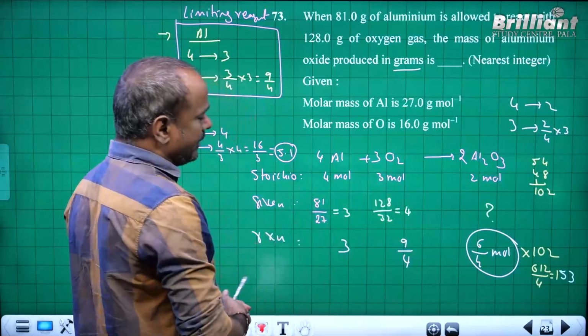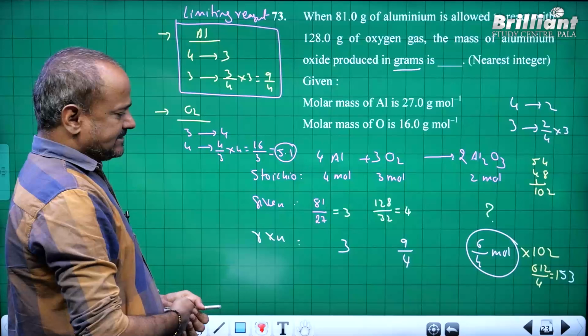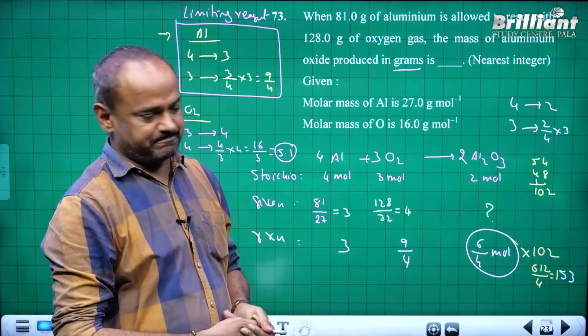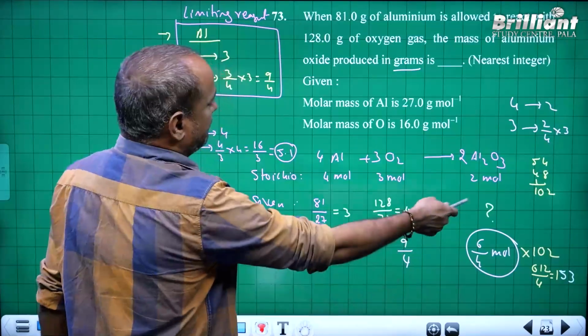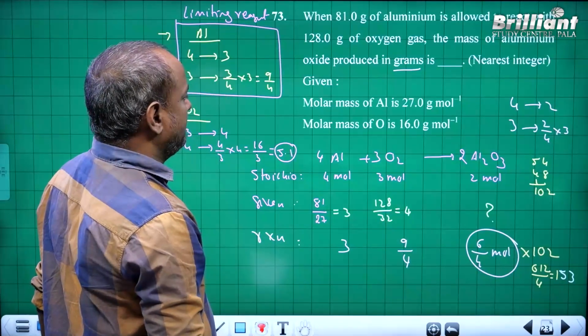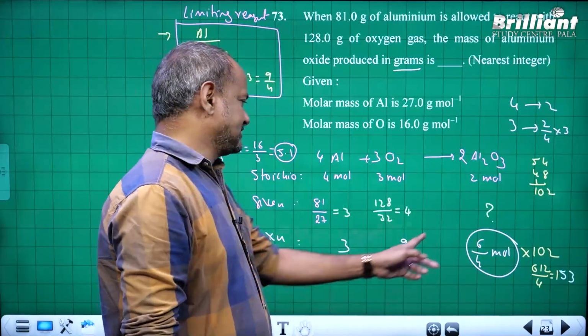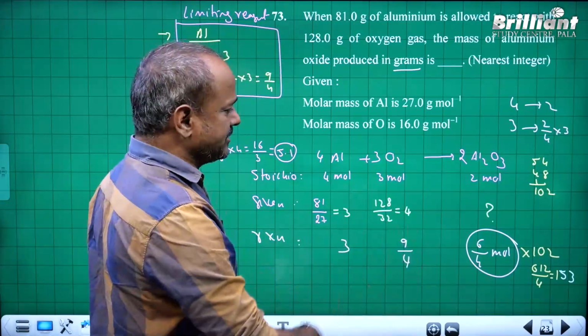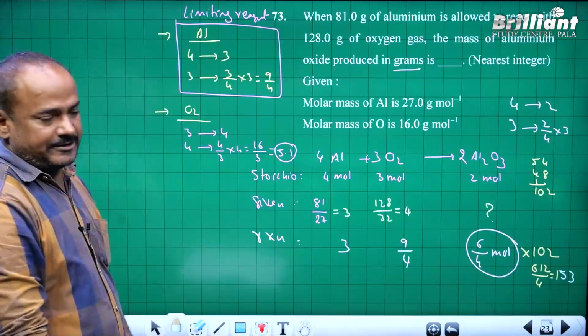So O2 is not the limiting reagent, aluminum is the limiting reagent. O2 is the excess. So this is the complete reaction, but we want only the mass of aluminum oxide. 4 moles gives 2 moles, then 3 moles gives 6 by 4 moles into 102 molar mass. 153 grams is the mass of aluminum oxide.